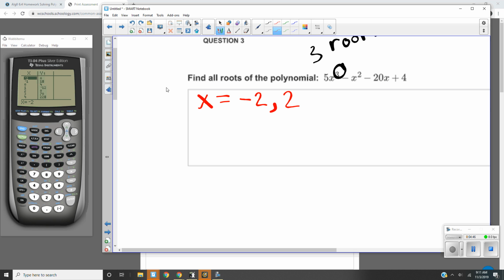There's multiple ways to go from here, but I'm going to keep it simple and use the same process. I'm going to use synthetic division and first divide this original problem by -2. Or again, if you use long division, you could divide by x plus 2. Whatever method makes more sense to you.